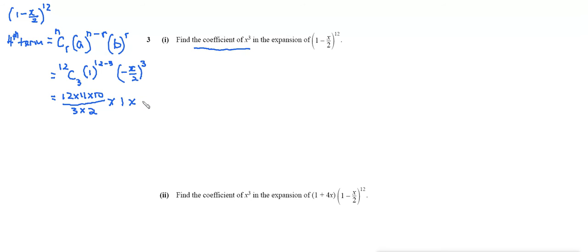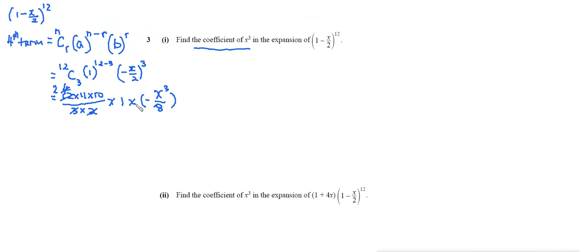Okay, now, remember this is an odd term, so the negative remains. So it's x3 over 8. Okay, let's simplify this. 3, 4, transfer this, and 2.